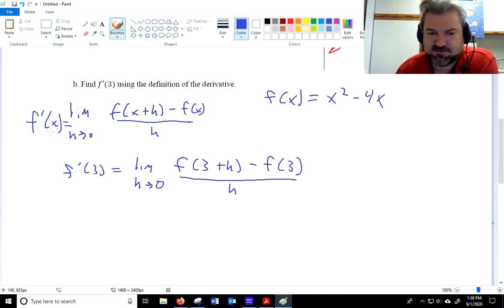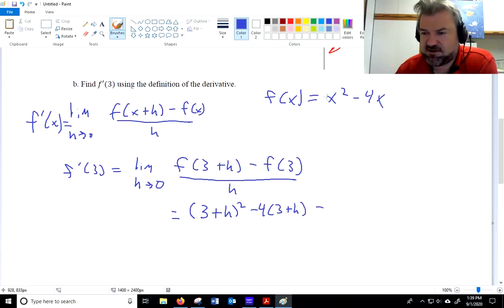So I just simply replace the x's with the 3. Now f of 3 plus h would be 3 plus h squared minus 4 times 3 plus h. And then f of 3, we can just figure out f of 3. I'm going to just do that over here on the side. That's 9 minus what? 12? That's negative 3.